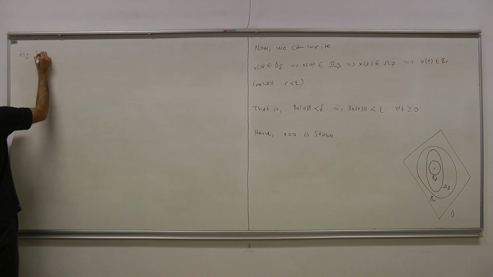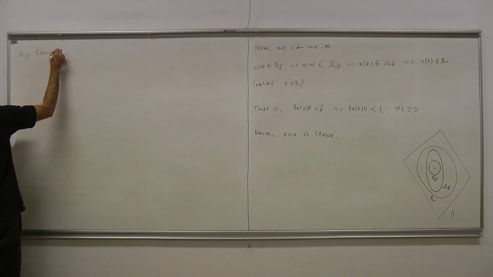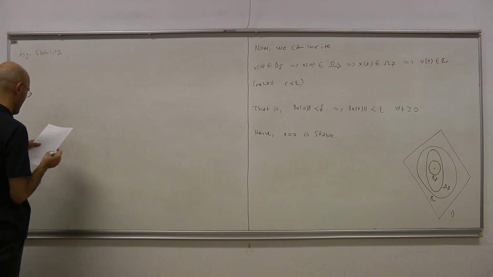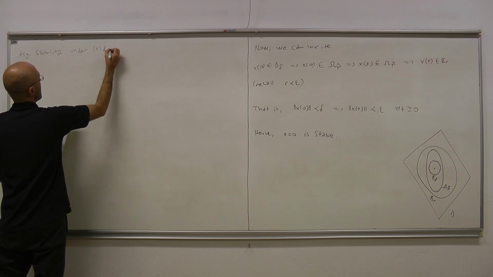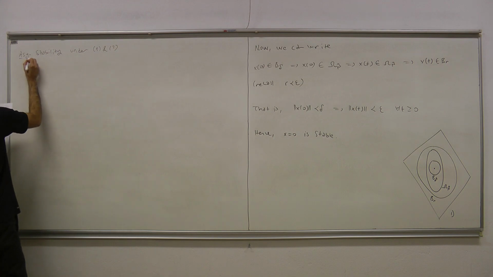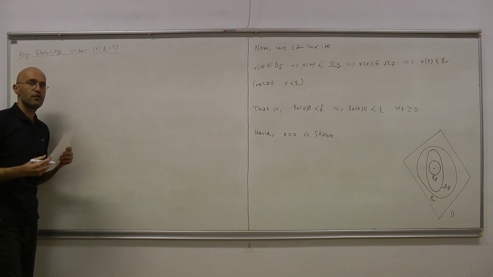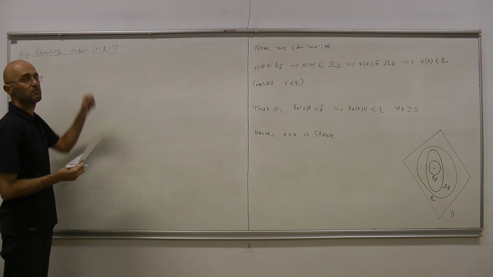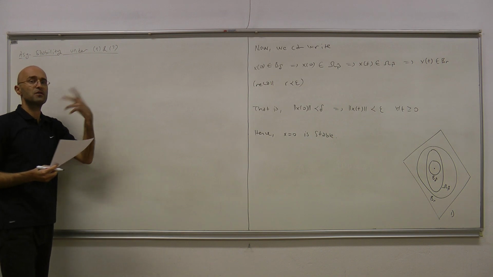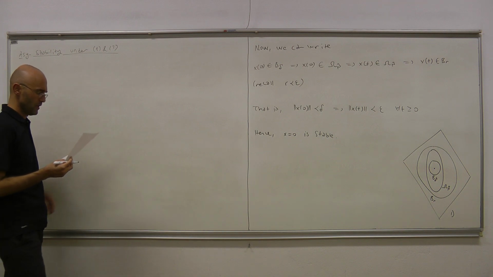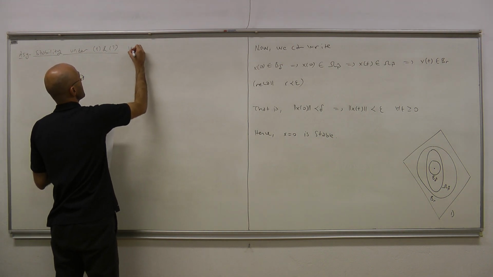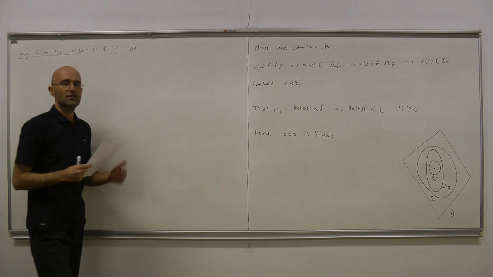Asymptotic stability under conditions 1 and 3. Okay, 1 was positive definiteness, 3 was negative definiteness of the time derivative of the Lyapunov function. So what we need now is, we have already proven stability.